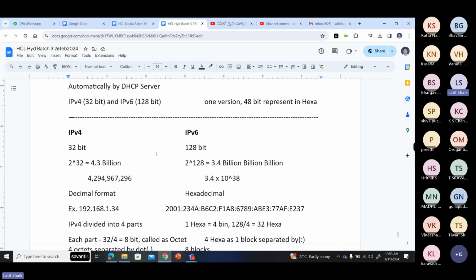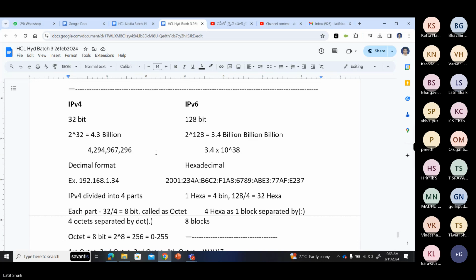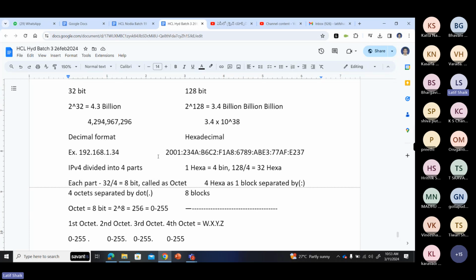With IPv6 we get almost 3.4 times 10 to the power of 38, which is decillion. IPv4 is in decimal format, IPv6 is in hexadecimal format.